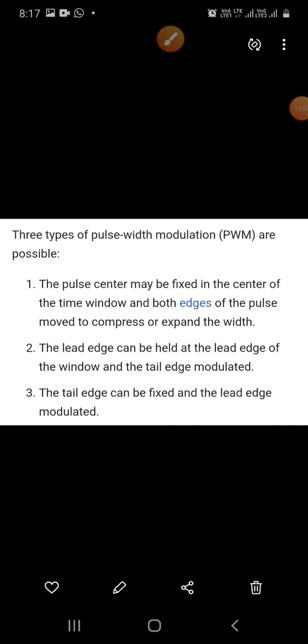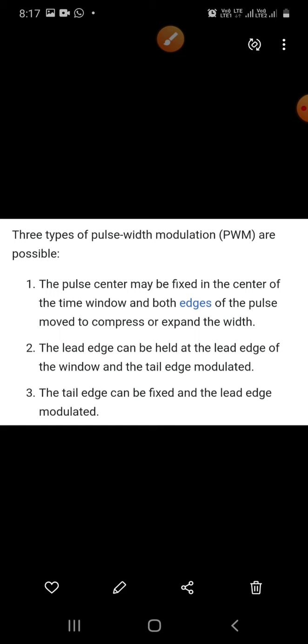Now we have to talk about the types of pulse width modulation which are possible. The first one is that the pulse center may be fixed in the center of the time window, and both edges of the pulse move to compress or expand the width.